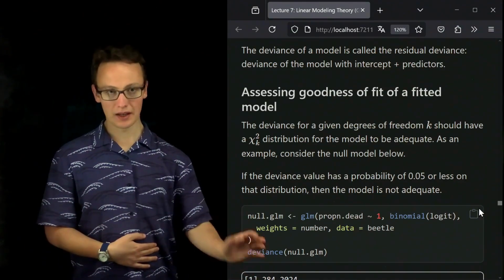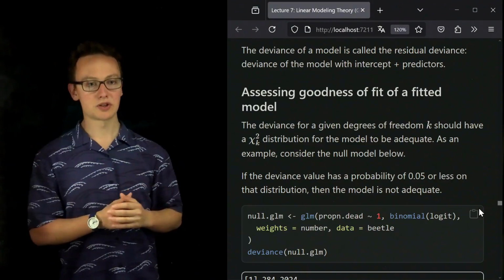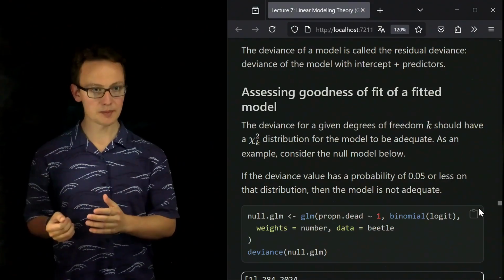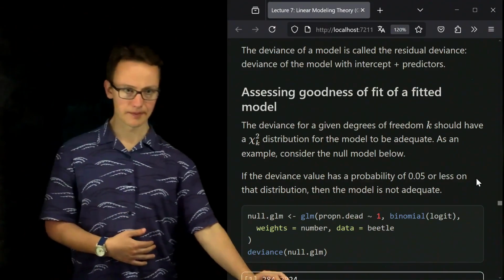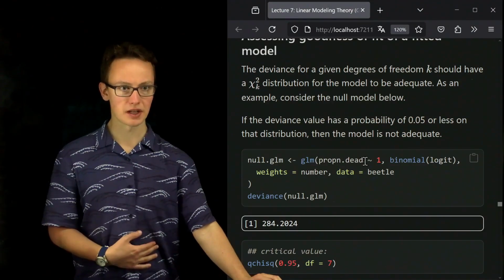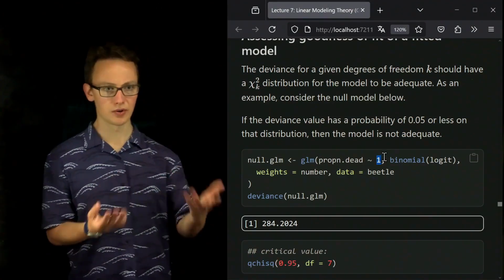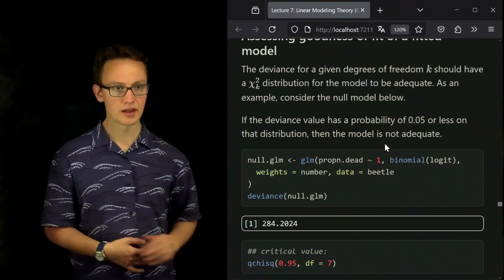So let's see what would happen if we first fit a null model, which just includes the intercept, but not our predictor, which is dose, right? We can fit such a null model using the GLM function, and we will just write 1 as opposed to dose here, where we typically write our predictors.